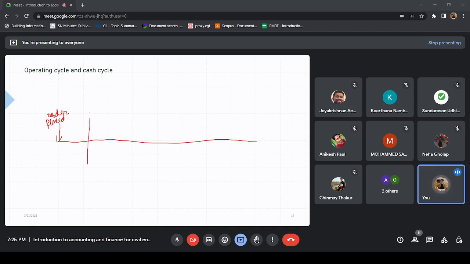So let's suppose here your stock arrives, and at the same moment of time you will enter it into your balance sheets, right? Accrual. And as soon as your stock arrives, the supplier sends the stock and also sends the bill.